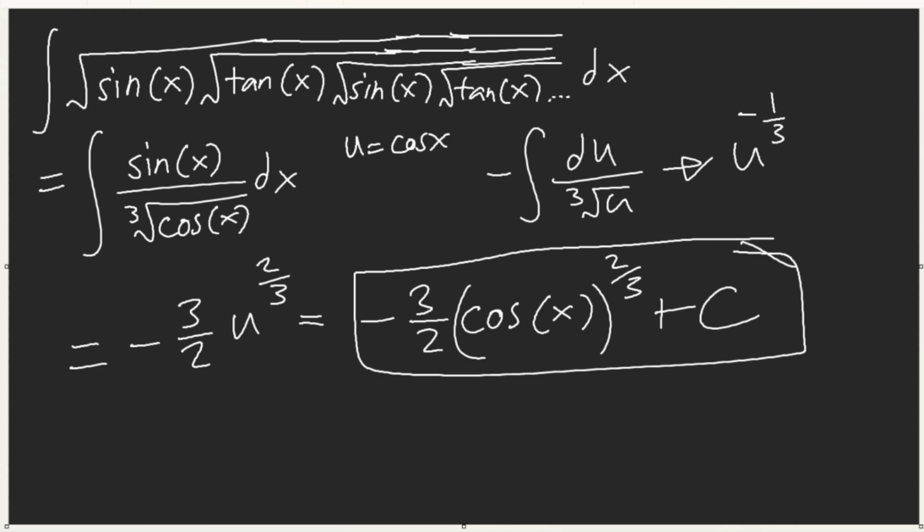Okay, that's our answer. That was our last integral. So again, get used to the algebraic way of simplifying infinite functions. A great thing to remember: when dealing with infinite functions, the inside is equal to its outside.